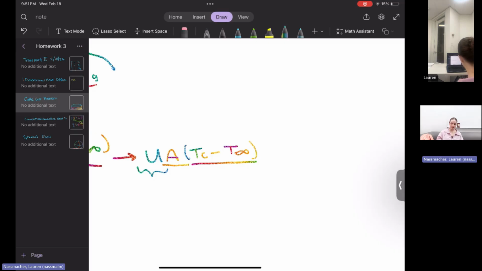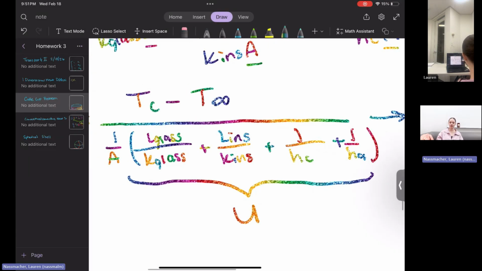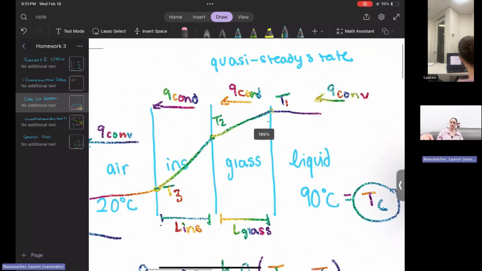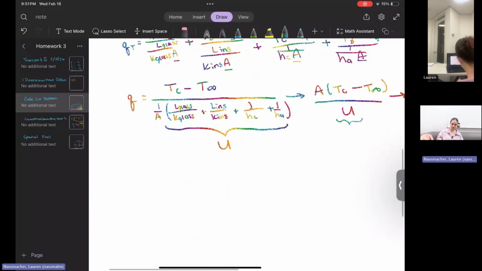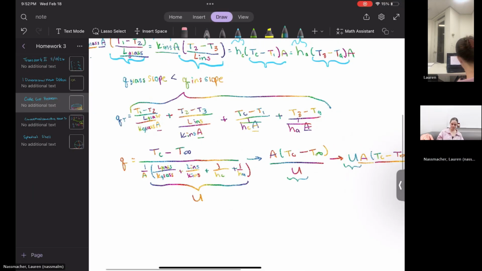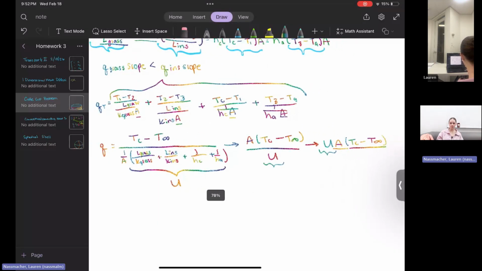Looking through this process, you can see how each thermal conductivity or length or heat transfer coefficient or area or temperature change might affect the temperature profile. So you can visually see what will happen. And there you have it. There is our heat flow in terms of thermal resistance.